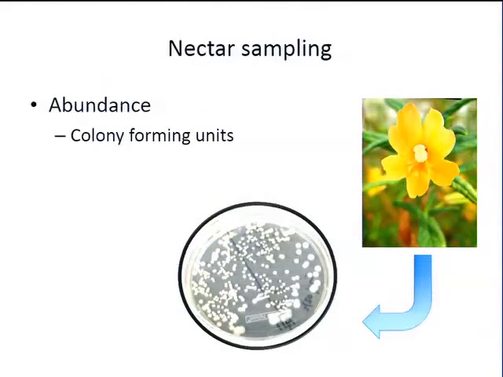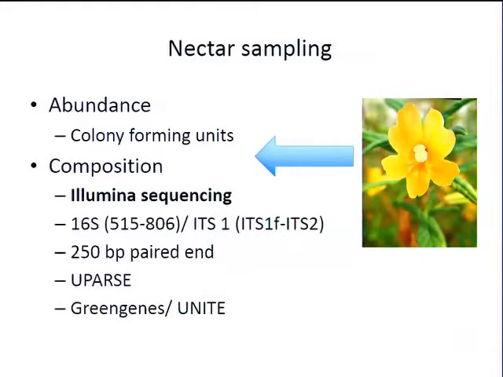From each nectar sample, we collected microbial community abundance, basically just looking at the abundance of culturable microbes using a couple different plating or plates and media types. We also looked at the community composition using Illumina MiSeq, using the 16S, and also the ITS.